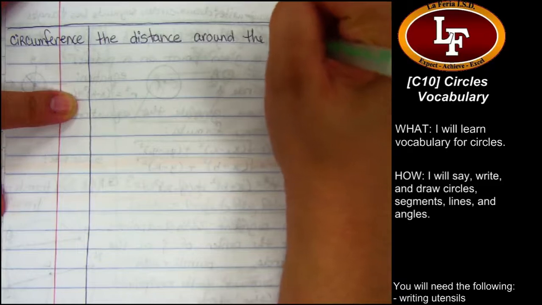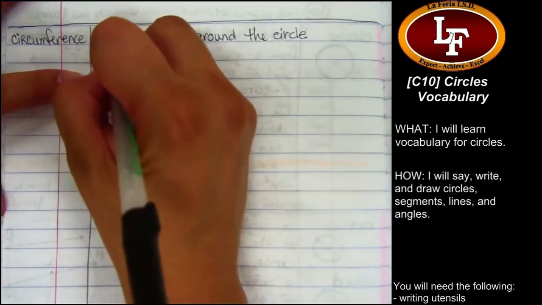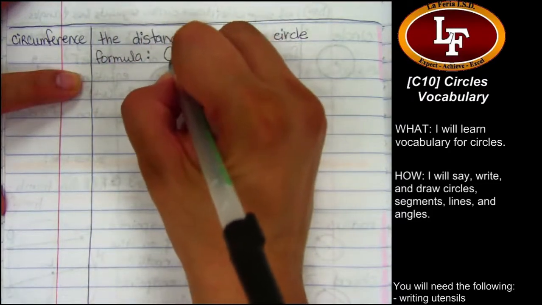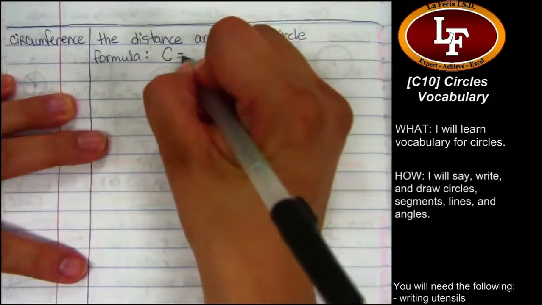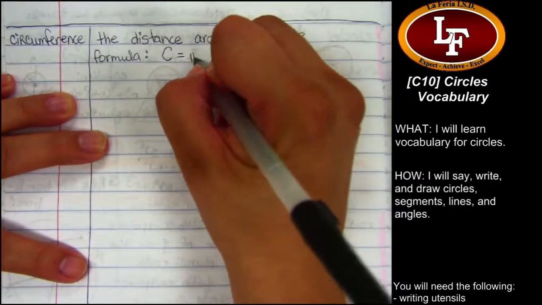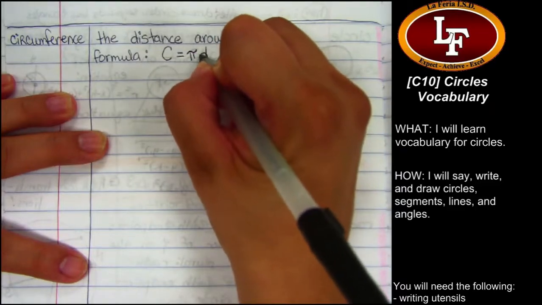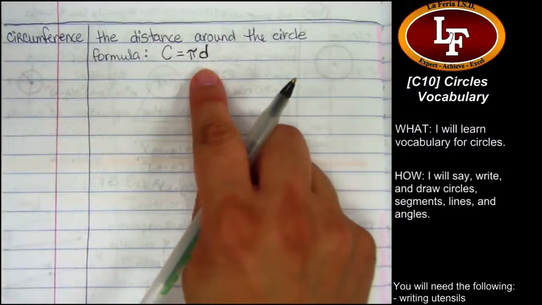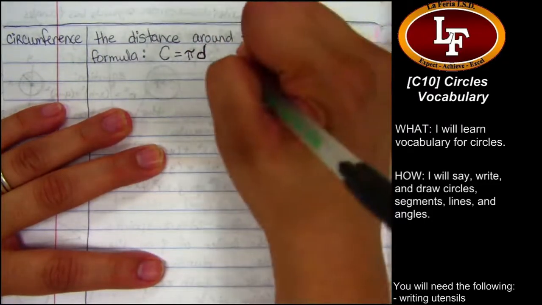It has a formula. That formula is found right here. We can write it two different ways. We're going to use capital C to denote circumference of the circle, and that is this mysterious number pi times d for diameter. Now we have to be careful because we had a d earlier meaning distance. This d is talking about diameter, so I'm going to try to make this one look a little more cursive-y than the other one.